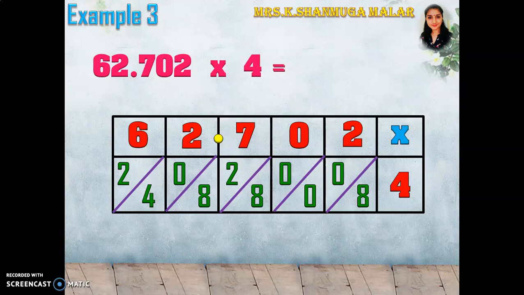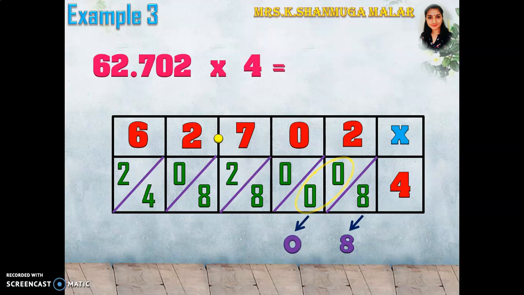First, we must come from the end. The last number is 8. So, we just drop the 8 down. Then, we move to the next column. Here we have 0 and 0. Students, we must plus these two numbers. 0 plus 0, we get 0.